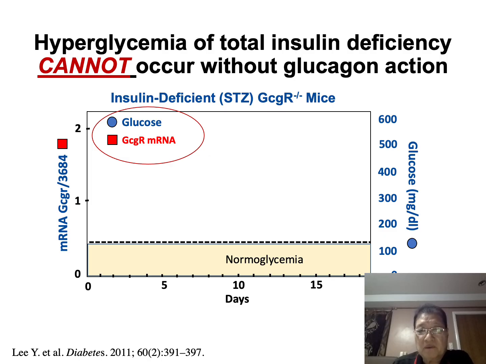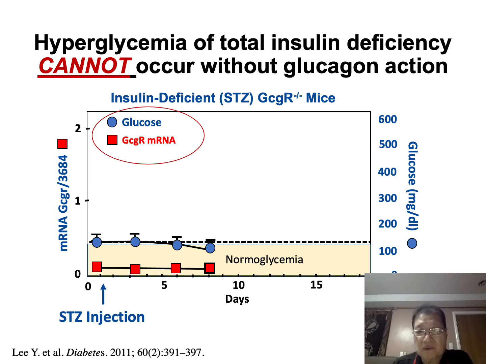So here, when they destroy all the beta cells by injecting streptozotocin, they use a double dose of STZ just to ensure all beta cells are destroyed. It shows no increase in glucose despite no insulin from the destroyed beta cells, and so you can see total zero glucagon receptor messenger in the red box.